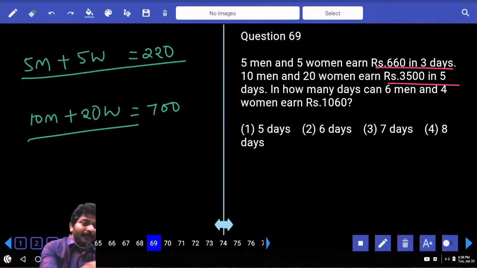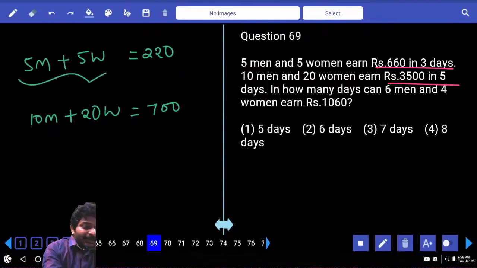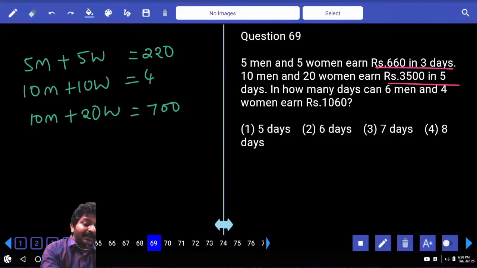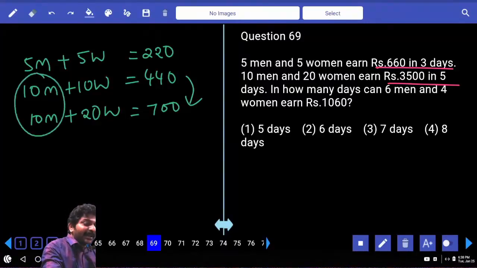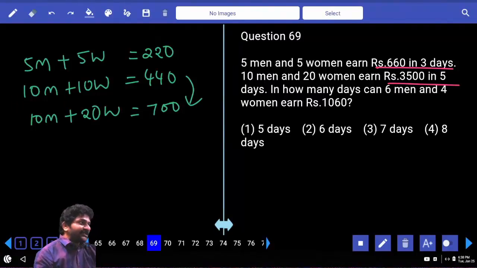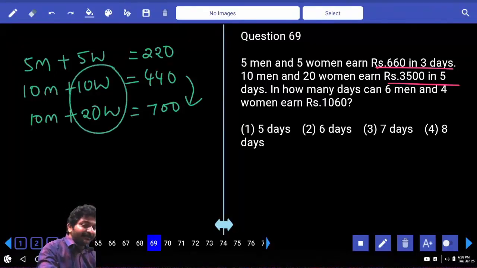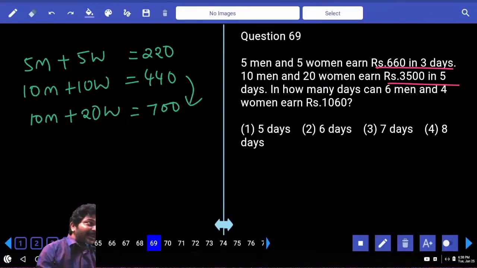Okay now, so let me take 2 times of this. 10 men and 10 women per day can earn 440. How many more rupees do we have in the third case? 260. Same men are there, but on the right hand side a 260 difference is there. That is because of 10 women. That means 10 women can earn 260 rupees only.